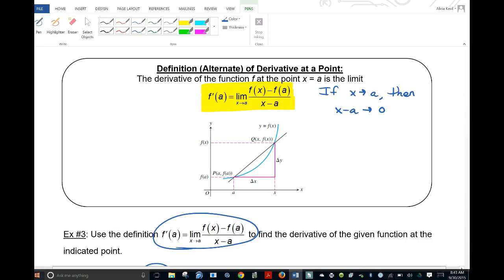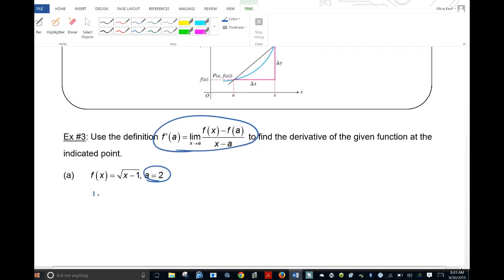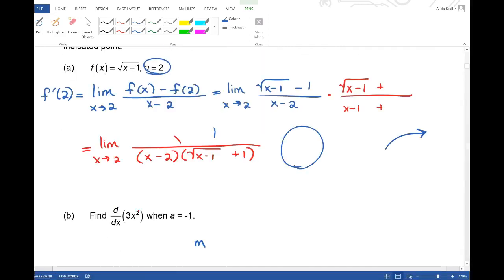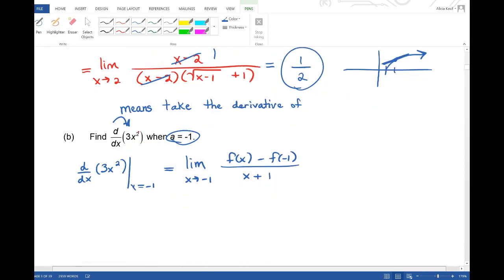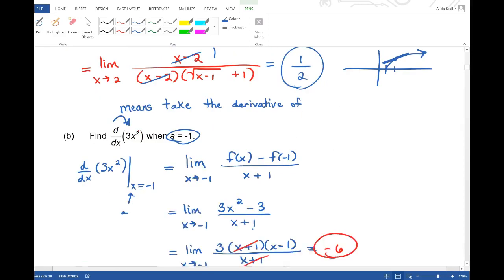If you're used to using the one with h approaching 0, you could do that on the side or on scratch paper to check your work. That's fine. If you don't feel comfortable with this one, you still have to show me that you can use it, but then you can check your answer. Okay?